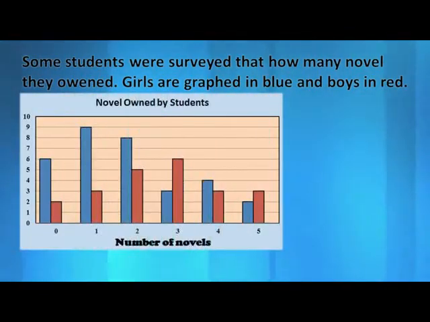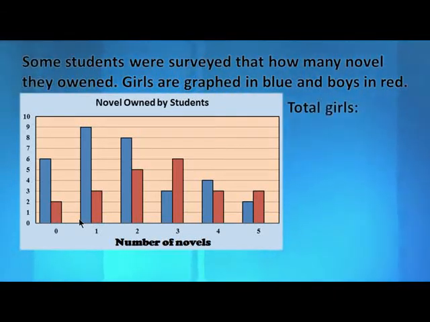So, like this example, some students were surveyed on how many novels they owned. Girls are graphed in blue and boys in red. As you can see, it's classified by colors. Now, the total girls. You can find the total girls based on this bar chart.